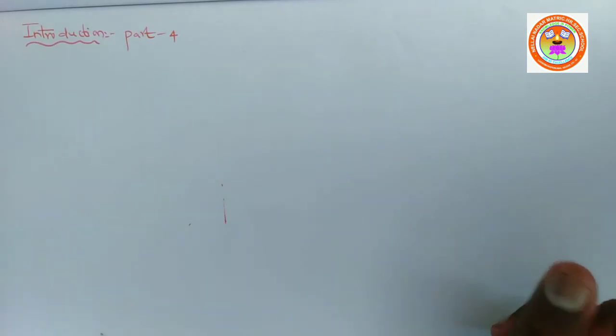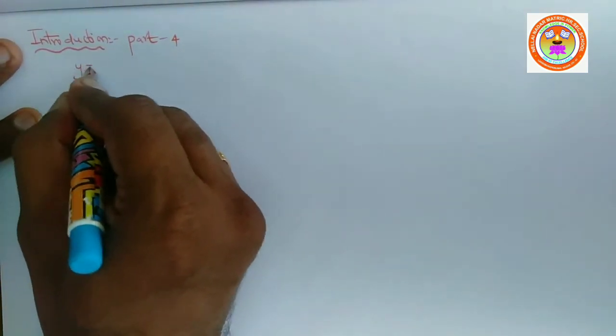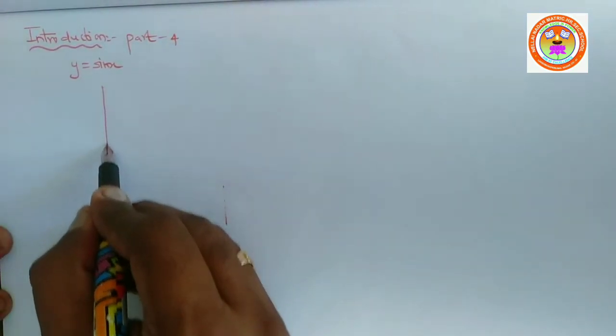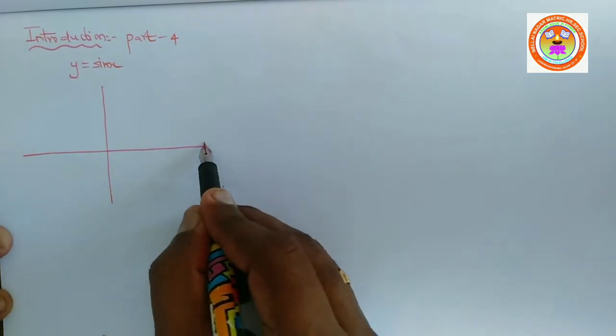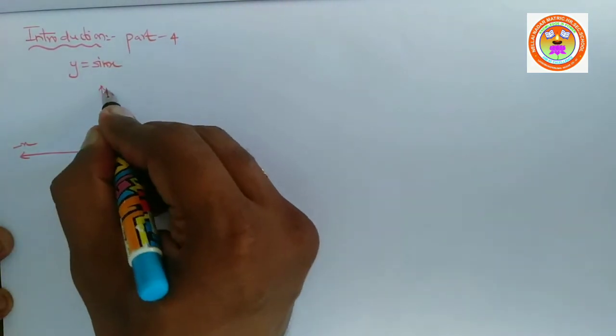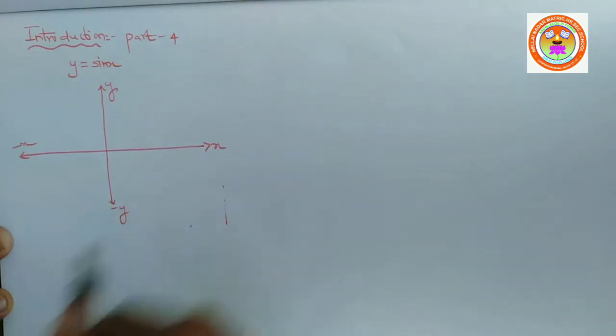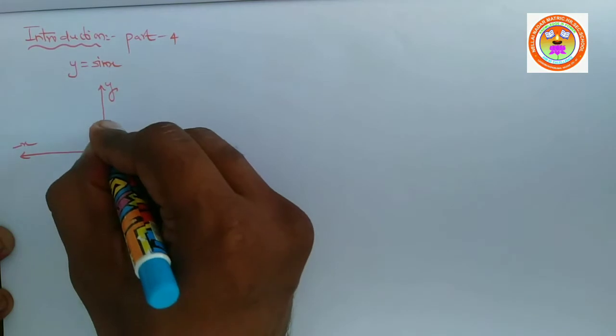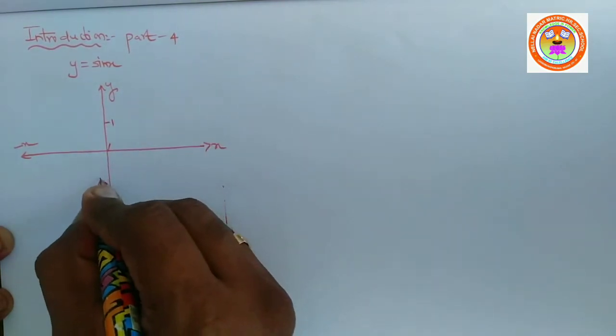Introduction part 4. So we know the curve y is equal to sine x. For this sine x, we will draw the diagram. This will be x, this will be minus x, plus y and minus y. The curve starts here. This is plus 1, this will be minus 1.